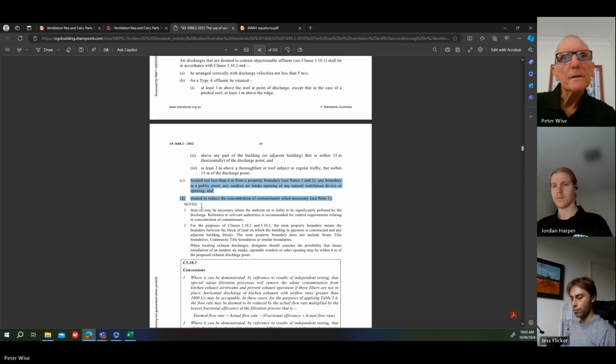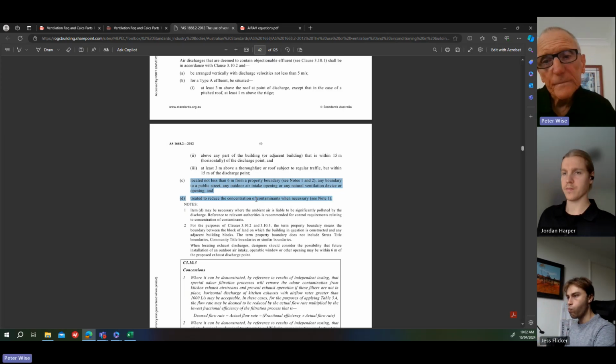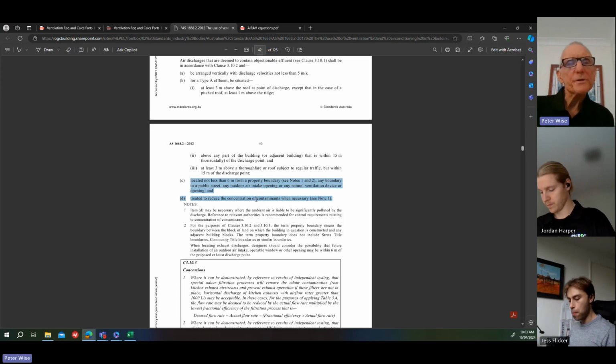Point D, if necessary, treated to reduce the concentration of contaminants. So this is not common, but one that comes to mind would be an exhaust from a laboratory in a hospital, for instance, or a lab in a research place that is discharging toxic gases that are potentially dangerous to humans and potentially life-threatening.